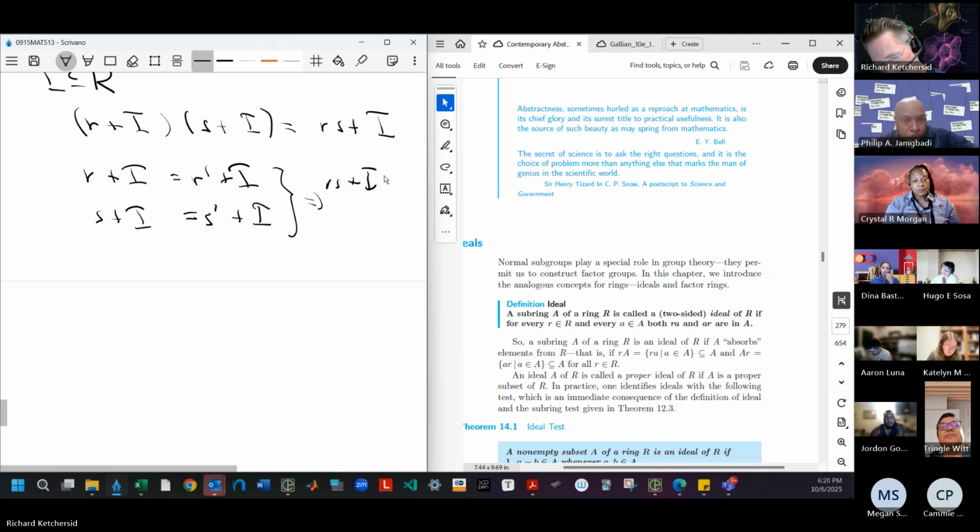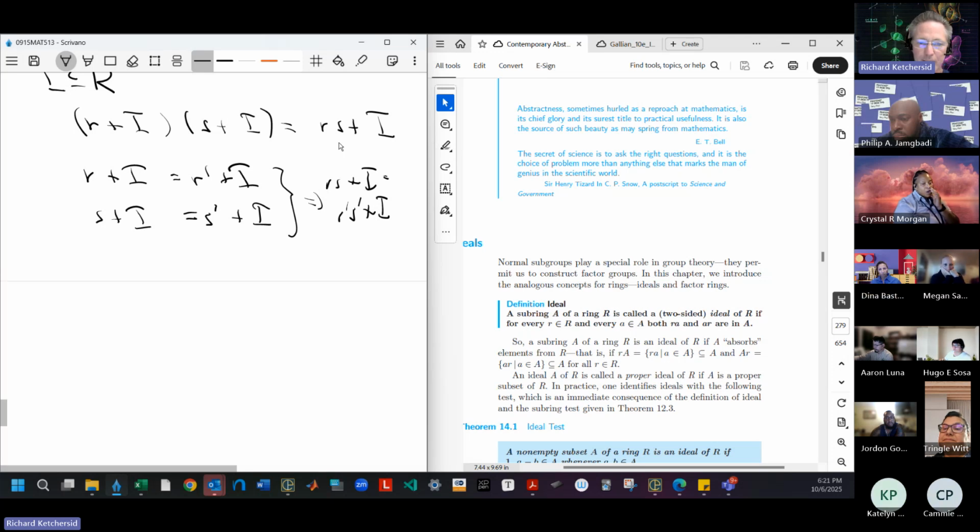Yep. If I'm going to define this as my product, then it better not depend on which representation I take. Because when I'm looking at cosets, I can represent the coset by any element inside the coset, any element plus the subgroup. So that's all that's going on. But if I'm going to define the product like this, it had better not depend on which choice I take for the representation. So this means it's well defined.